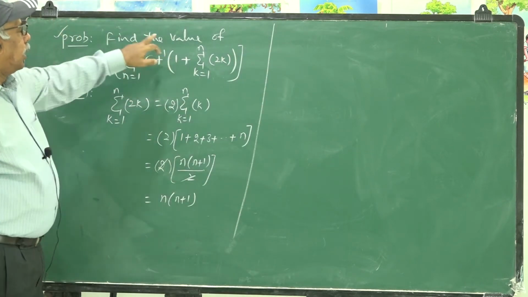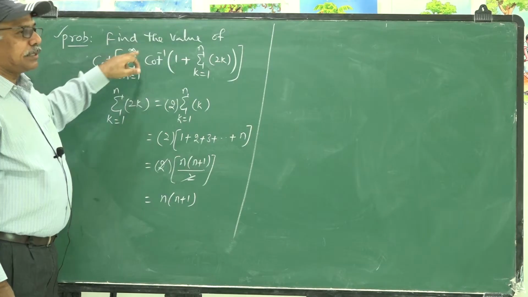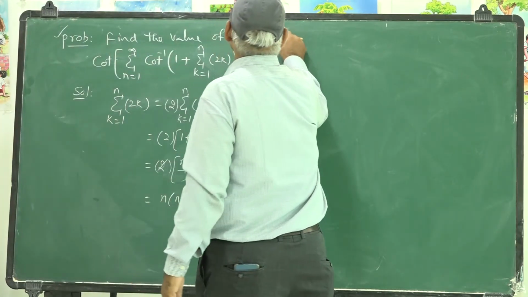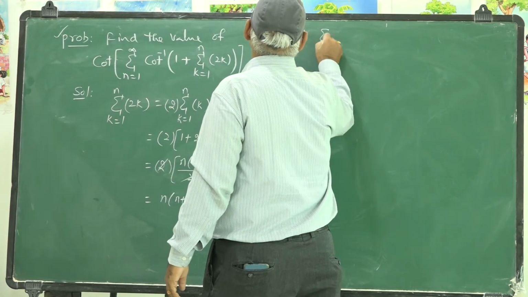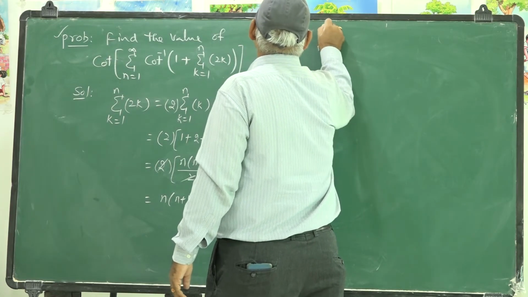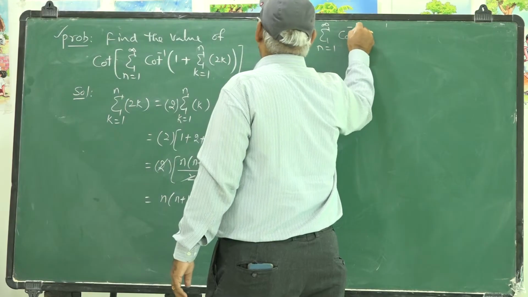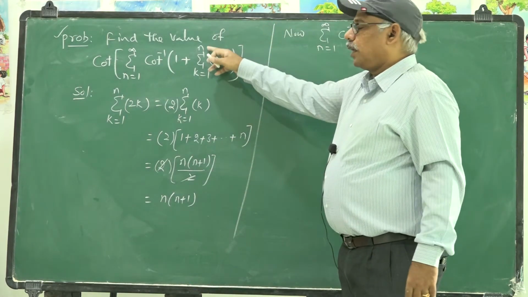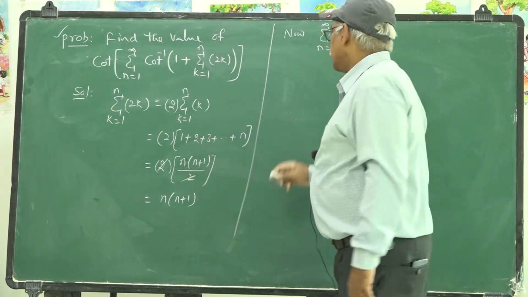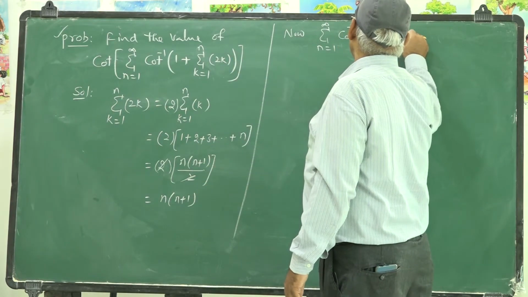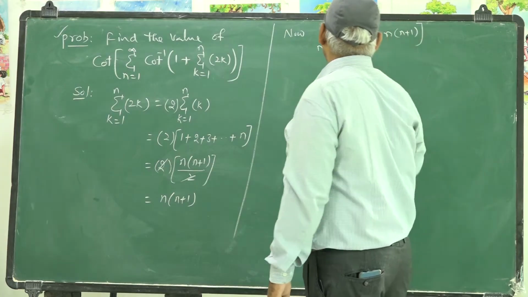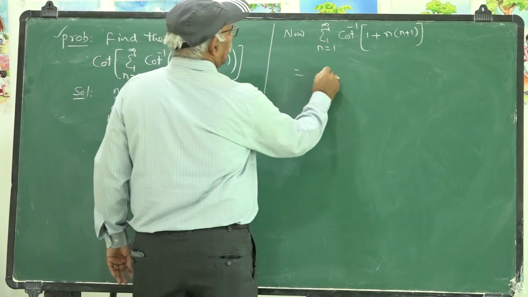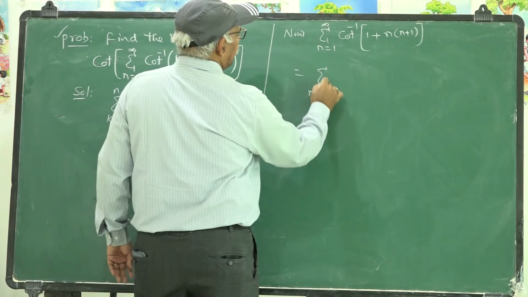Now I will evaluate this infinite series, sigma n equal to 1 to infinity cot inverse of 1 plus sigma k equal to 1 to n 2k, which is n into n plus 1. That is equal to sigma n equal to 1 to infinity.